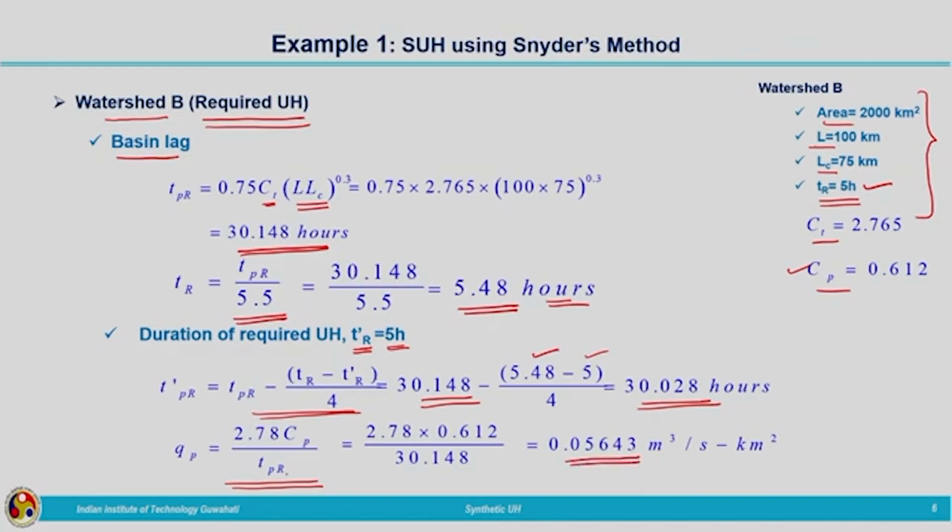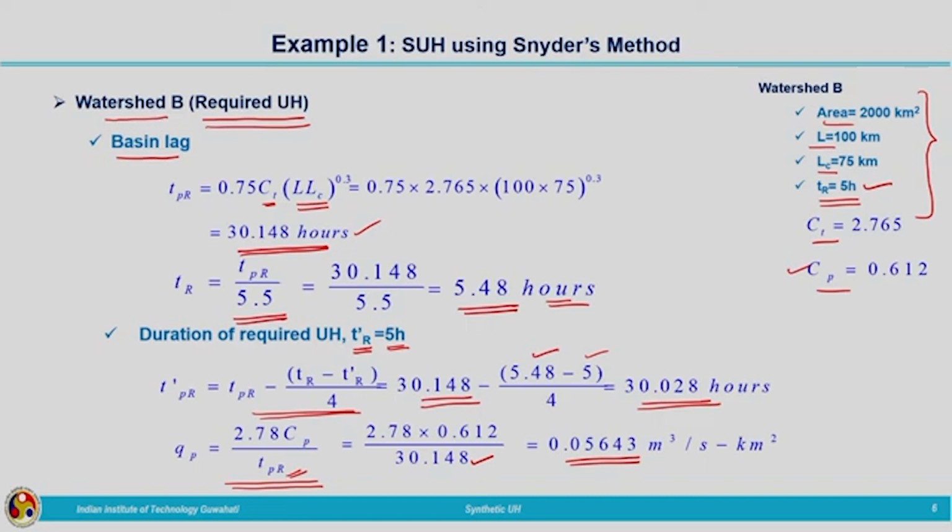Look at this equation: in the denominator we have the value corresponding to TPR. For this TPR I have substituted 30.148, from the calculation we did before making it a standard unit hydrograph. If you want to substitute the basin lag of the standard unit hydrograph, that is also possible, but according to Snyder there is another formula given to calculate QP.